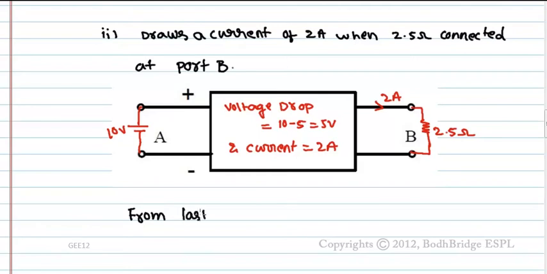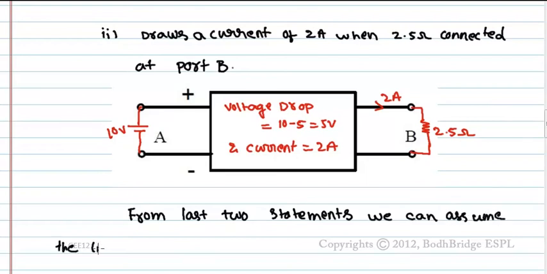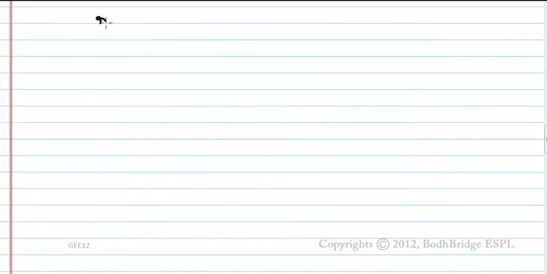From the last two statements we can assume the linear non-reciprocal network is a combination of a resistor and a voltage source.